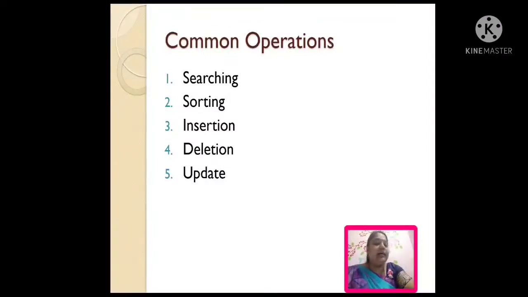In non-primitive data types too, we have two types: one is linear, another one is non-linear. Linear data structures occupy continuous memory, or are organized in a manner. Non-linear data structures do not occupy continuous memory, but are linked together. That's all for the introduction to data structures.